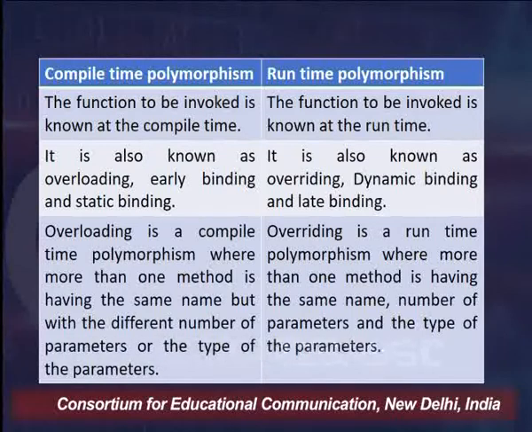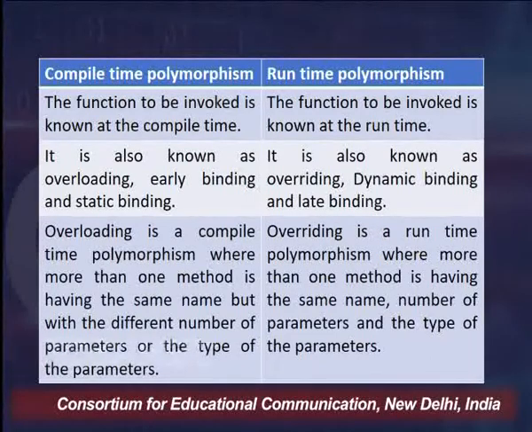In overriding, or runtime polymorphism, more than one method has the same name, same number of parameters and the same type of parameters. So all things are the same, and depending upon how it is called with the help of pointers, there it creates a difference.